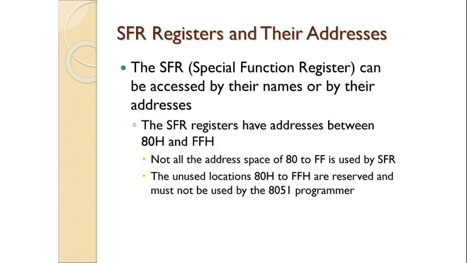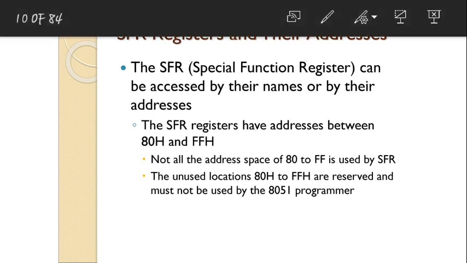See, here he has given special function registers, SFRs, and their addresses can be accessed by their names or by their addresses. What I have just told you, that they can be accessed using their names or by their addresses. SFR registers have addresses between 80H and FFH.